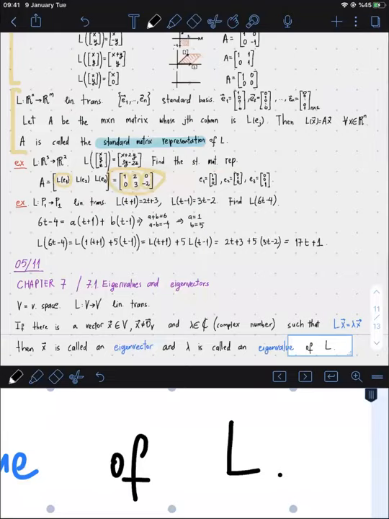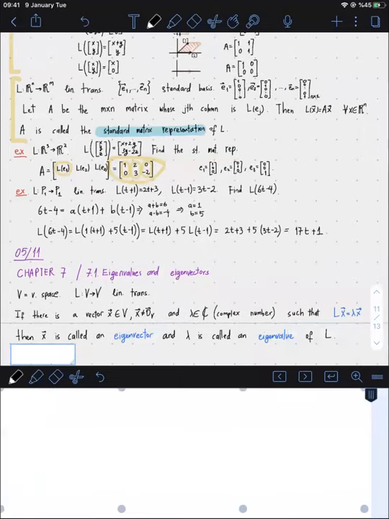So, example. Usually we will mostly deal with the case when L is a square matrix.